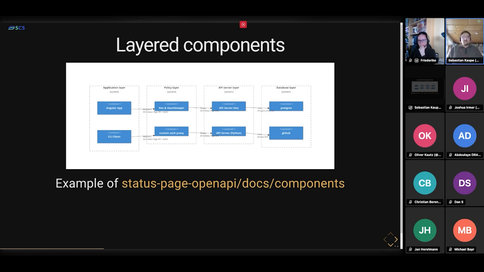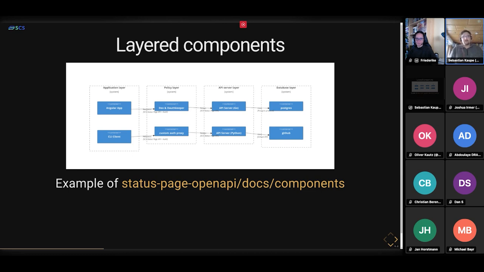Our alternative example implementation would be a command line client as the application layer, because maybe your admins like to keep to their command line environment, or it's something you could use for scripts in an automation setup. A custom auth proxy in the policy layer to authenticate users against your user management system.